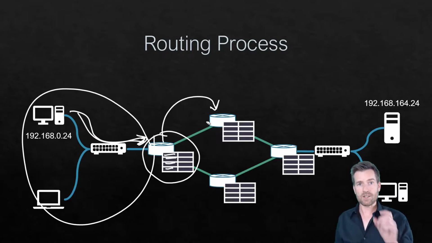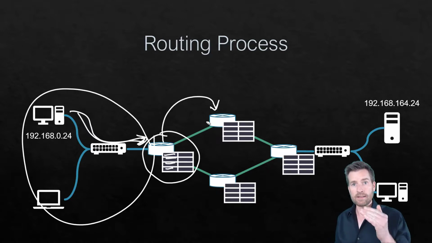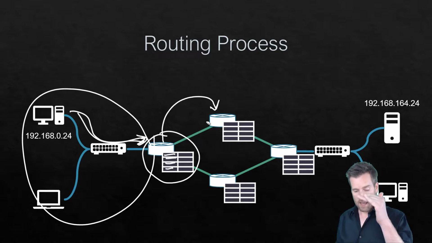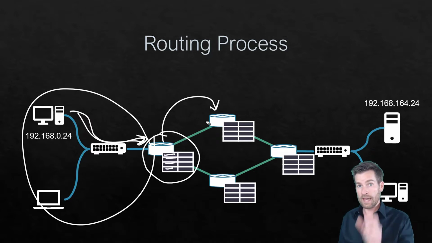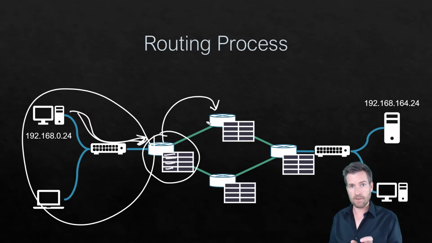Once it does that, it's going to take that time to live and decrement it by 1. So whatever that time to live is, it's going to subtract 1 from that. And that means that if there is a routing loop at some point in time, that packet would die and it would not continue to live forever. And because it decrements that time to live, it also has to adjust the checksum within the IP header.